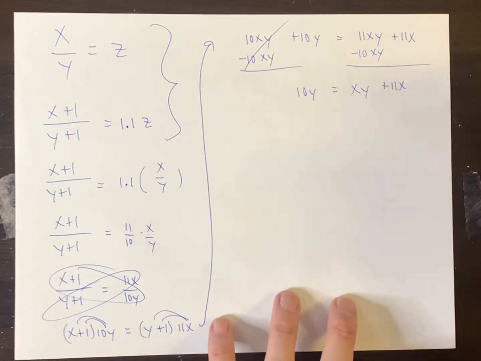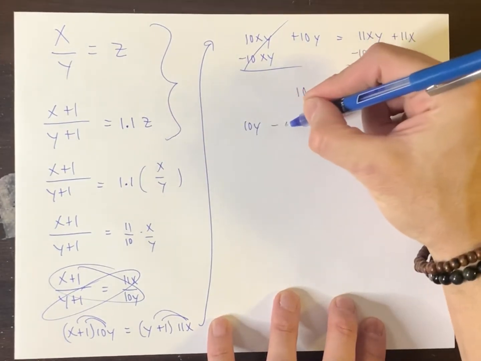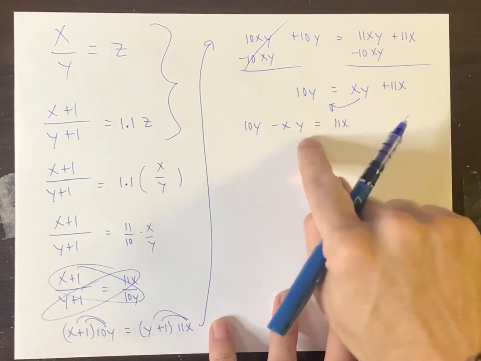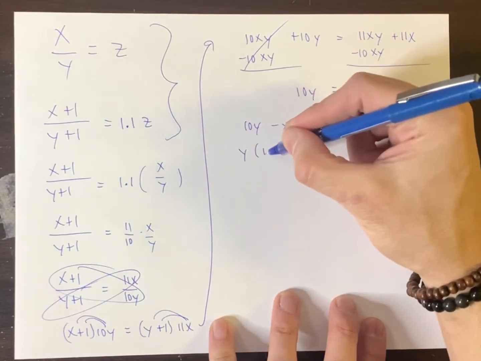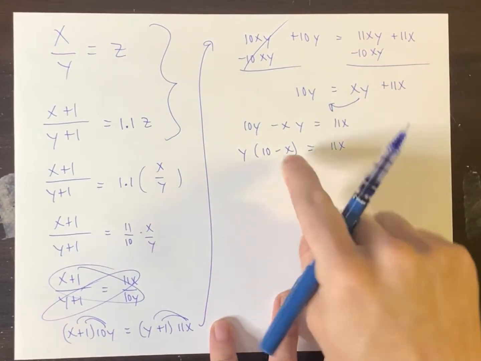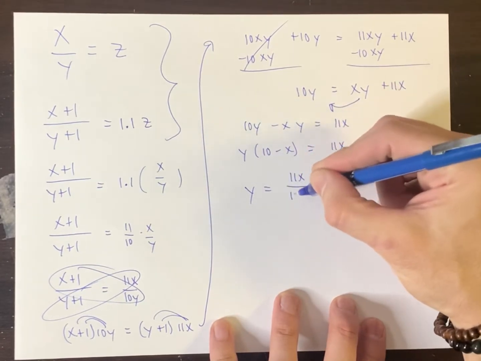I want to get y by itself, so let me move this piece to the other side. So that'll be 10y minus xy equals 11x. I can factor out y as the greatest common factor. And then I can isolate y by dividing by this quantity. And so y equals 11x over 10 minus x.